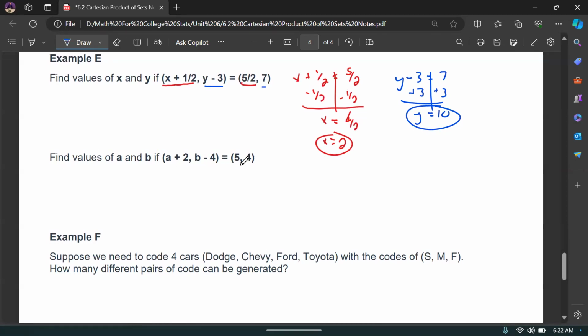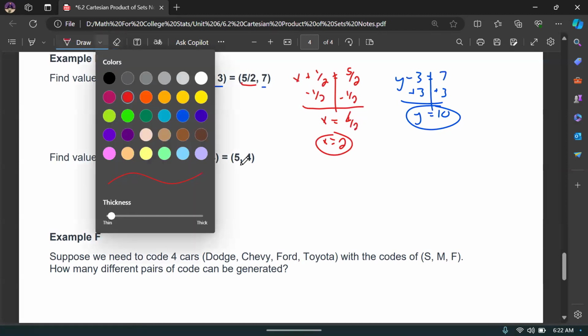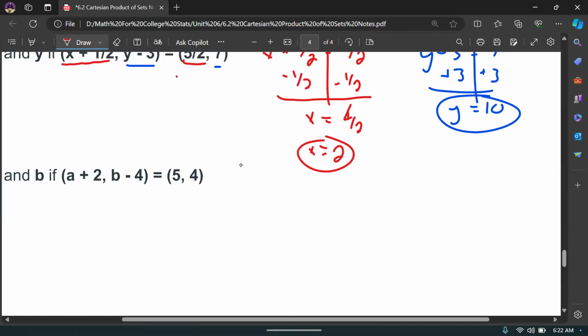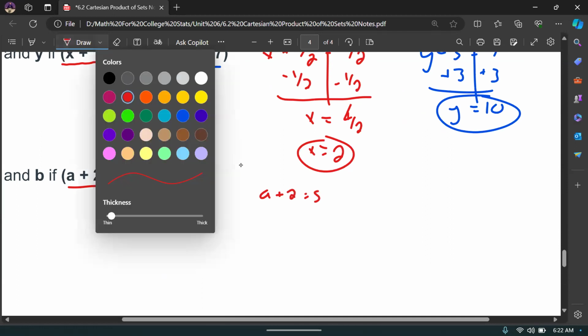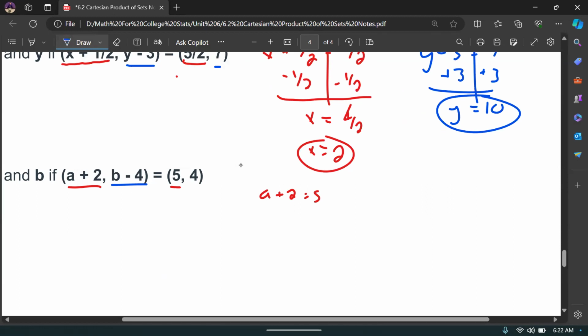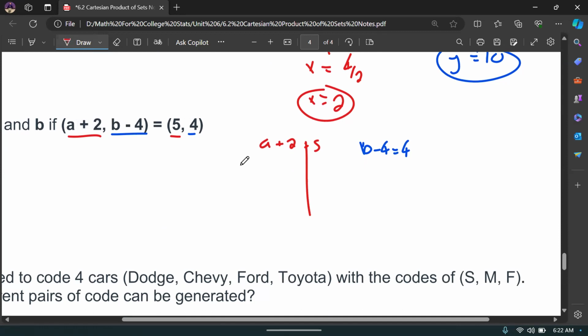So again, A plus 2 should equal 5, and B minus 4 should equal 4. So we just solve these two for the respective A and B. Subtract 2, and we see that A is equal to 3.